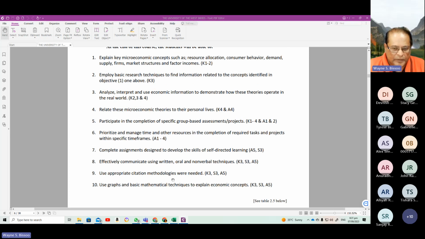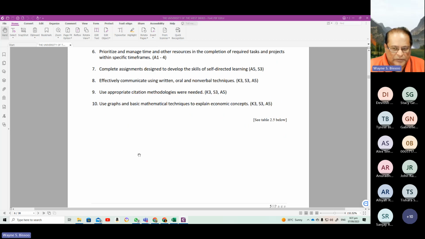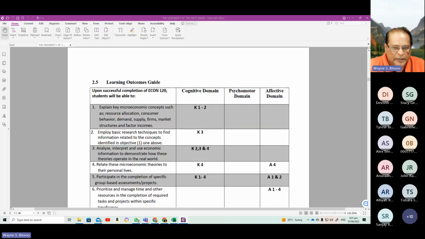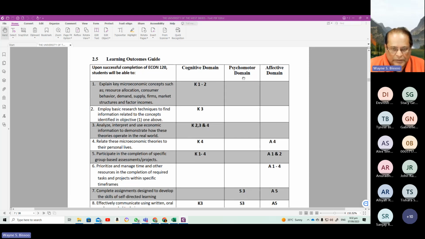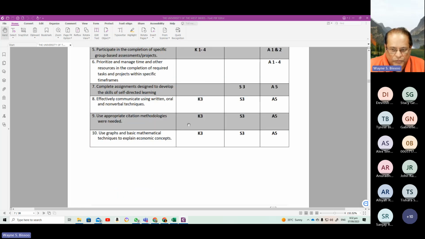That'll be more tactile activities that you get yourself into. You'd see a fair amount of them. Again, so cognitive, psychomotive, affective domains. So you'd see here the breakdown in the learning outcomes if you are so designed to do so.